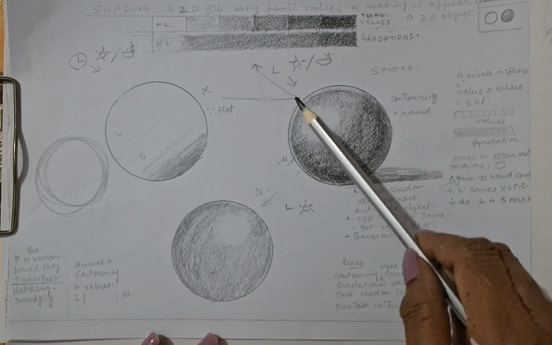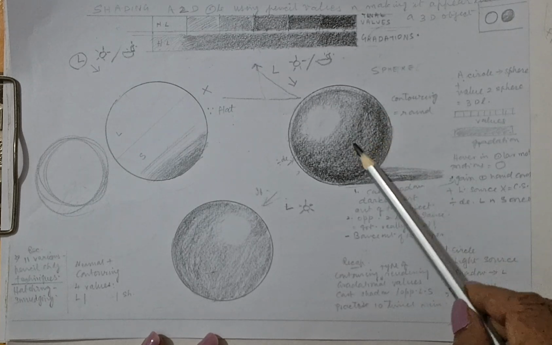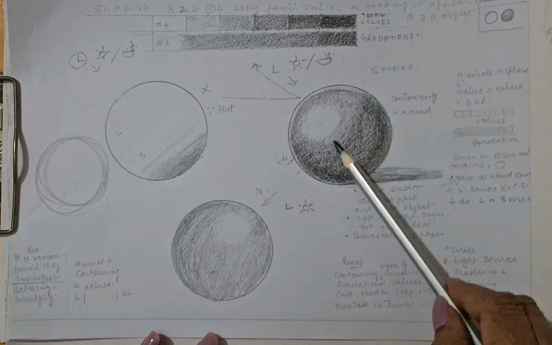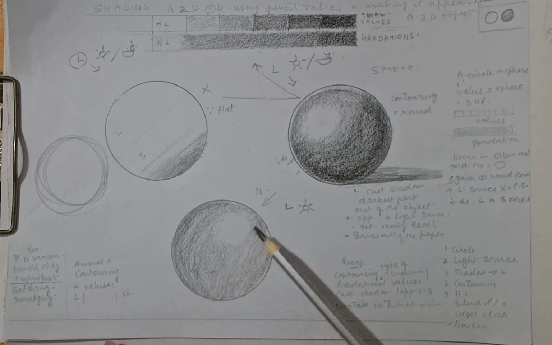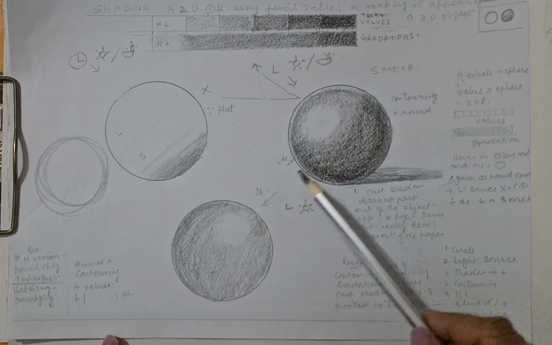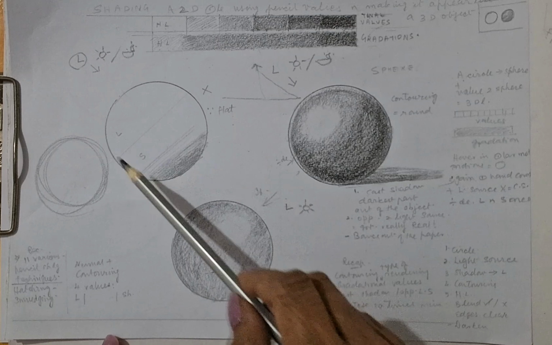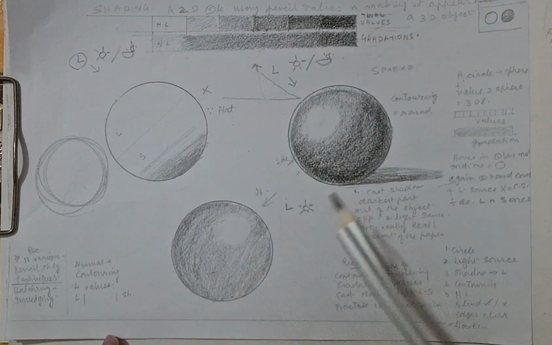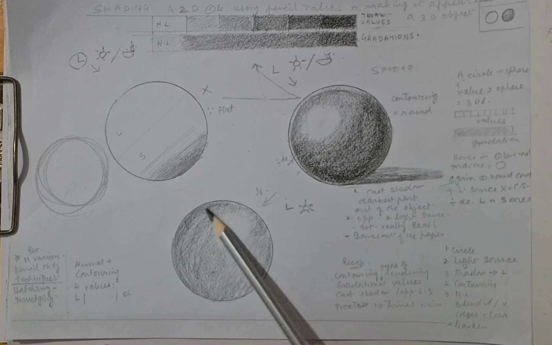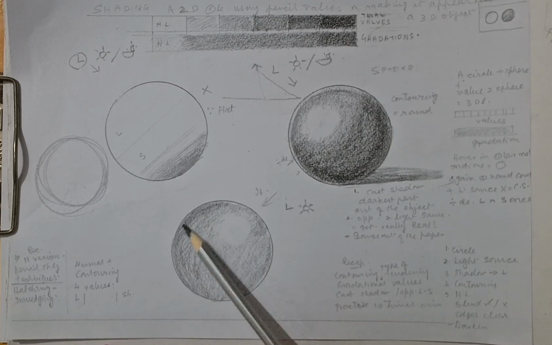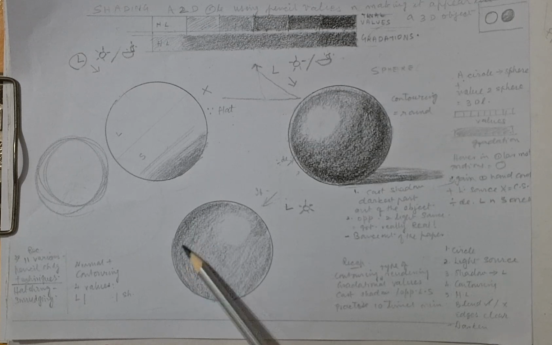Then contouring also can be done, I adopted the normal way. Contouring can also be done, supposing you receive light from the right side, not from the left side as we saw here, but right up. In that case, how do we render? We start from a darker shade.